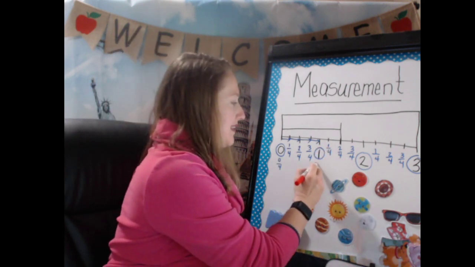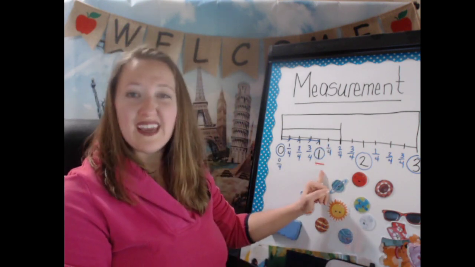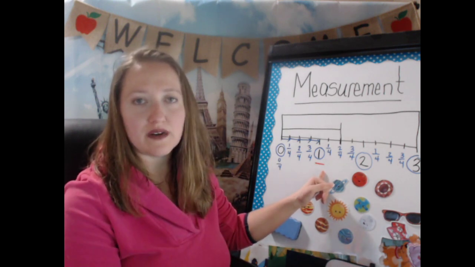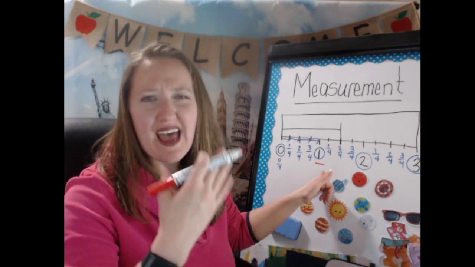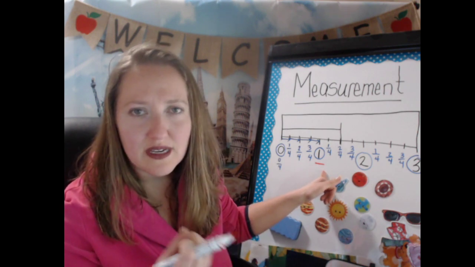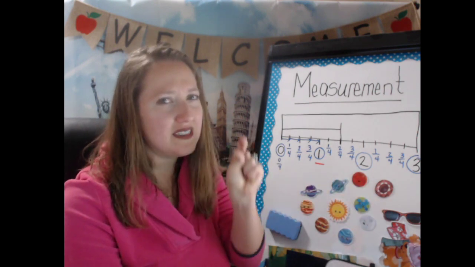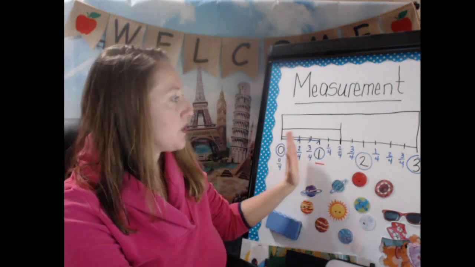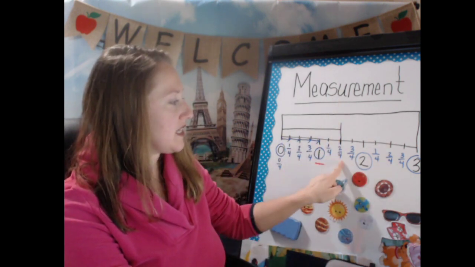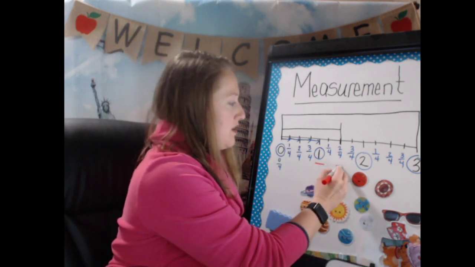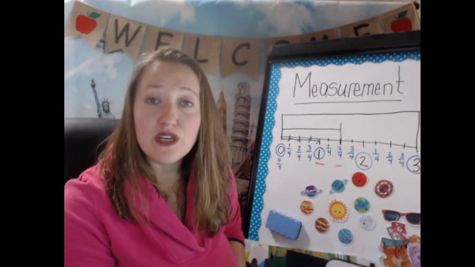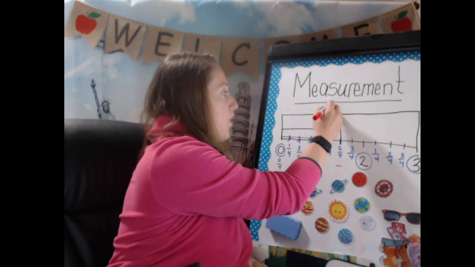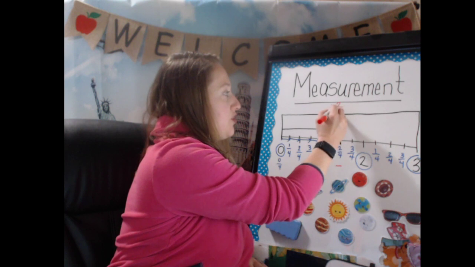So I am going to put a line under my 1. It has gone to that big number, that whole number. But it has a little bit extra. It hasn't made it to 2, but it has a little bit more. That is where our fractions come in. So I look at what fraction it lines up with, and I see 2/4. So the length of this line is 1 and 2/4.